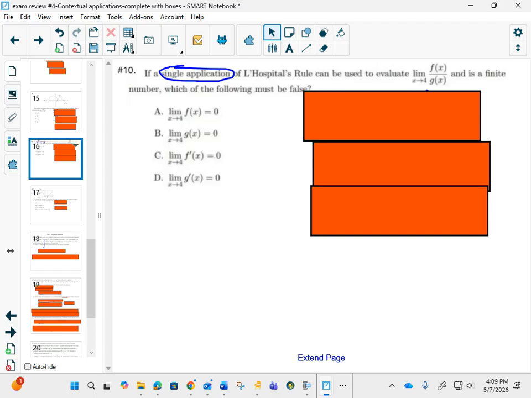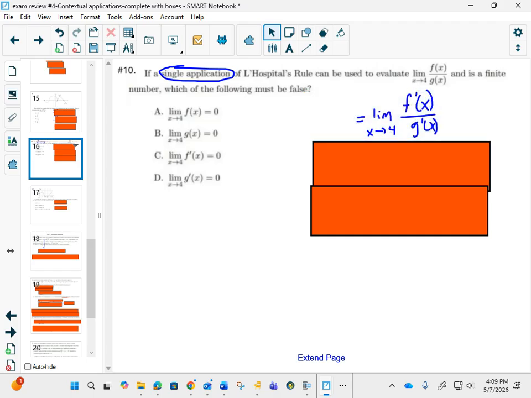Well, if I can use L'Hopital's rule, then I would get this. And apparently, I can solve this. Now, if I can solve this, could the top be 0? Yeah, I guess it could be. Could the bottom be 0? Because if the bottom was 0, then I couldn't solve it, right?